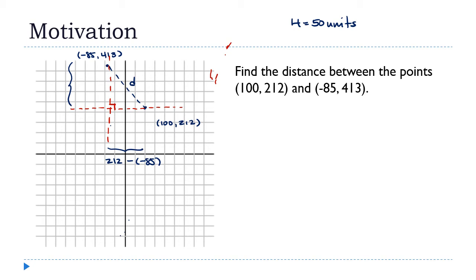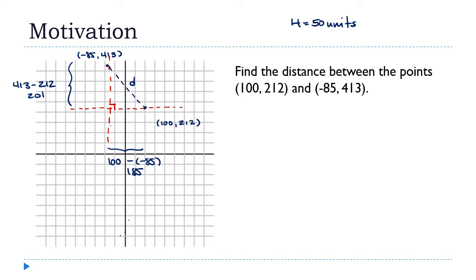This should be 100. 100 minus negative 85, which is 185. Then do the same thing up here with the y numbers. This distance is 413 minus 212, and that is 201. And that's all I need to know to answer my question.